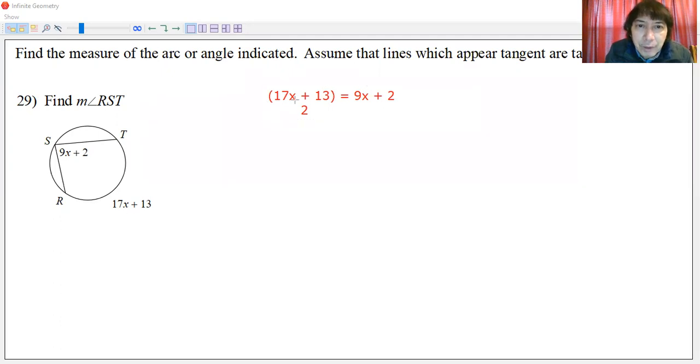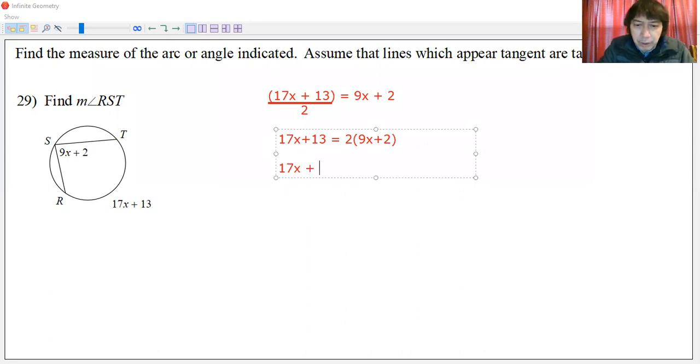We will divide this, and so this is it. Let's solve for x, and then the angle RST. Multiply both sides by 2. The left side will become 17x plus 13, and this is equal to 2 times the quantity 9x plus 2. So 17x plus 13 is equal to 18x plus 4.